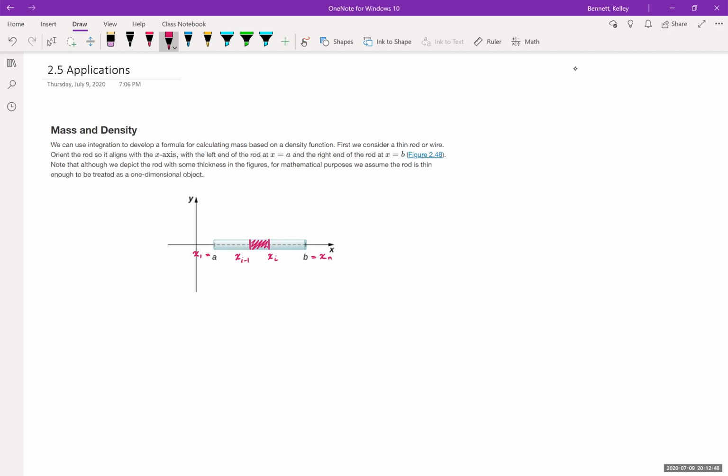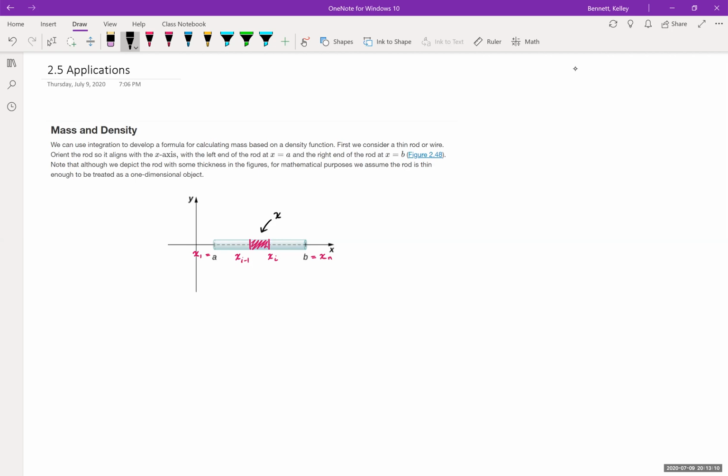And every point along this line has a density, and the density function is usually denoted by rho, which looks like a kind of fancy p. So in this partition, there's going to be an x value.